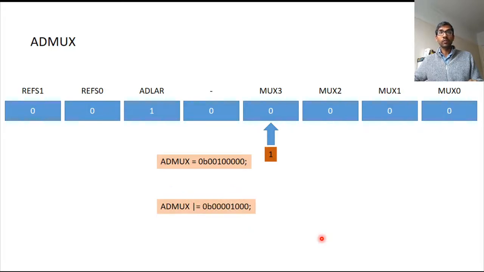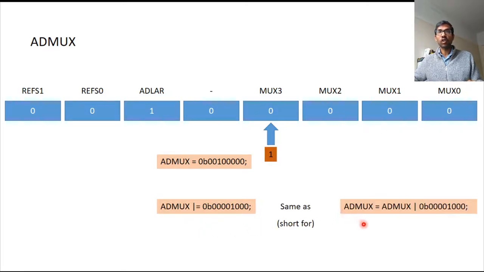What I can do is write something like this. So ADMUX or equal to this. What does this or equal to mean? It's a shorthand way of saying ADMUX equal to ADMUX or this. When I say or, it's the logical operator OR, which we studied in the previous module, Medical Instrumentation 1.